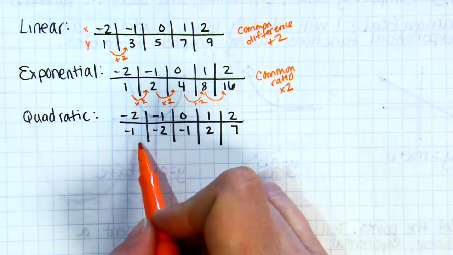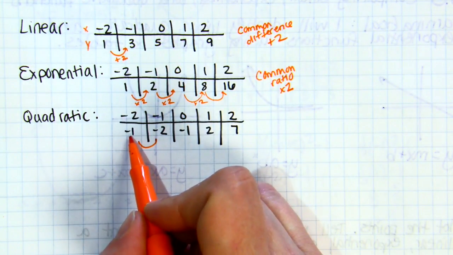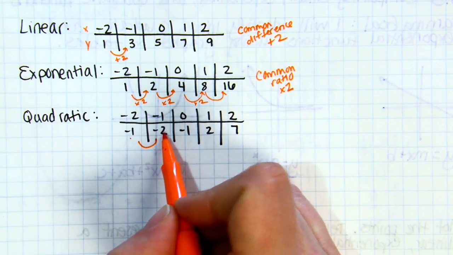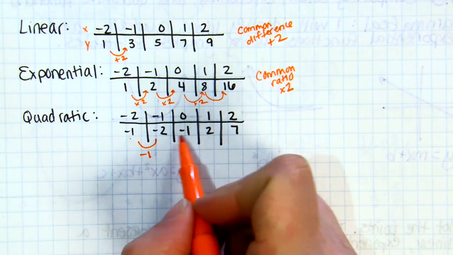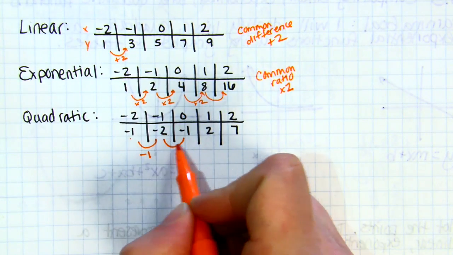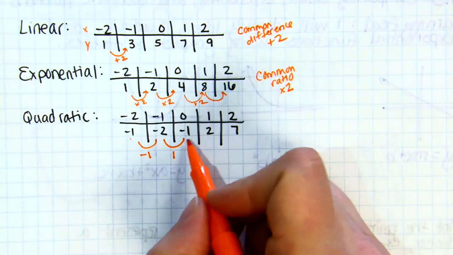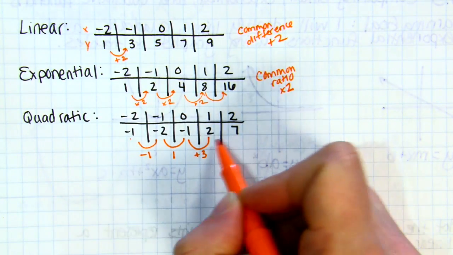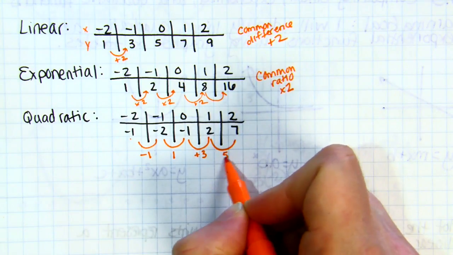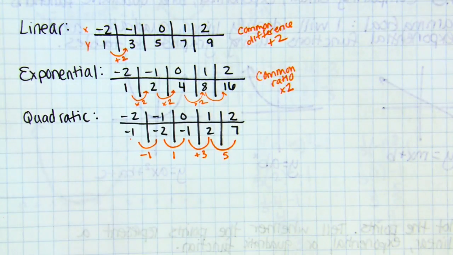If I look at the difference here, I get from -1 to -2, that difference is -1. The difference between -2 and -1 is I'm adding 1, so it's a positive 1. The difference between -1 and 2 is I'm adding 3. Here I'm adding 5. So I don't have a common difference, but I don't really have a common ratio either.